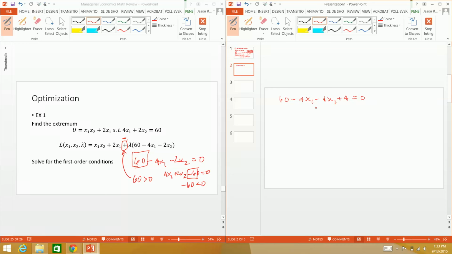So now we can solve down so that I have 64 is equal to 8x1. And now I know that we have 8 equaling x1 star.